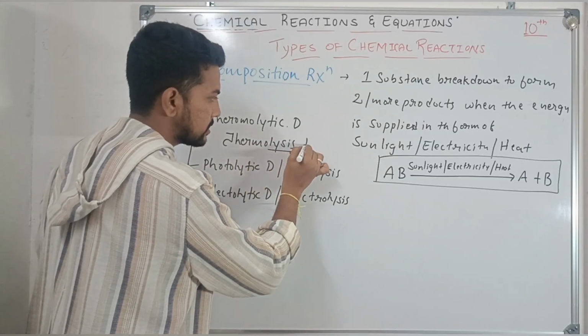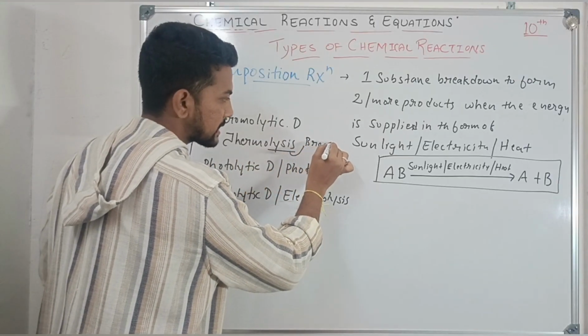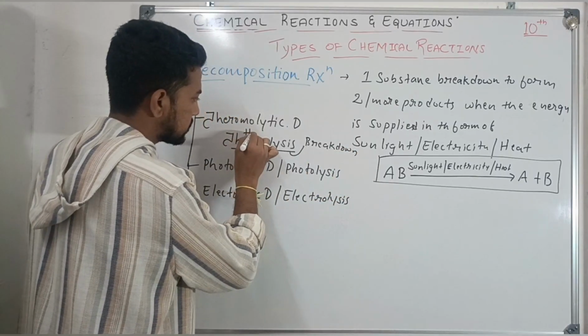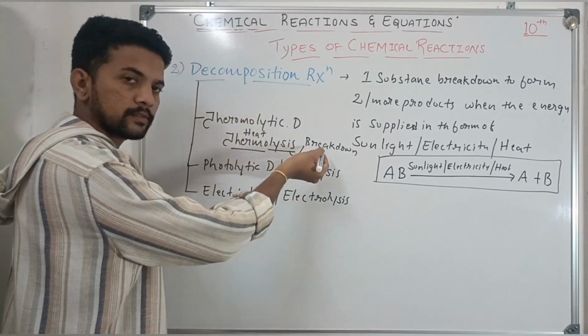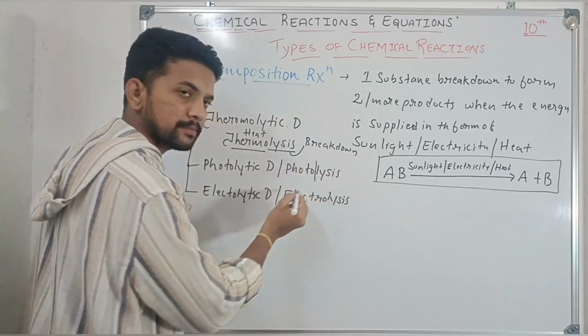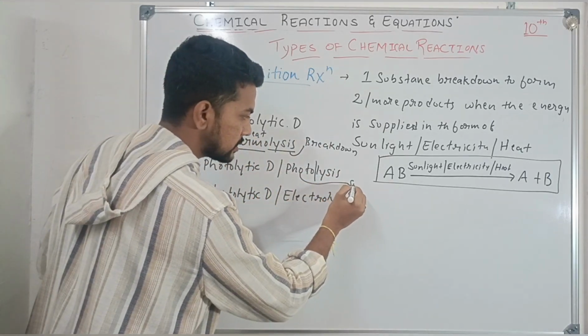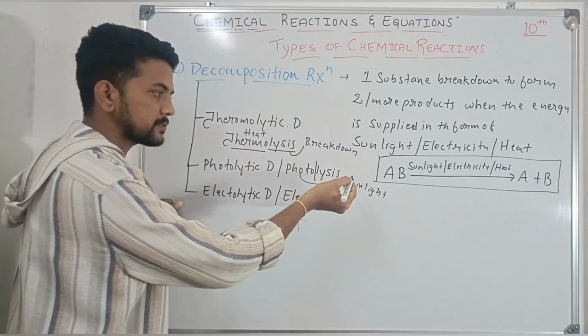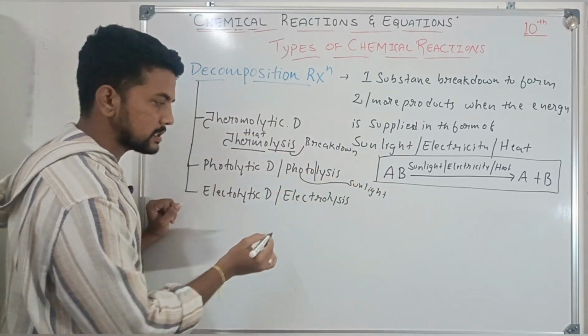For example, thermolysis: lysis means breakdown, thermo means heat. So it is the breakdown of substances with the help of heat. Photolysis: lysis means breakdown, photo means sunlight. So breakdown of substances with the help of sunlight is photolysis.